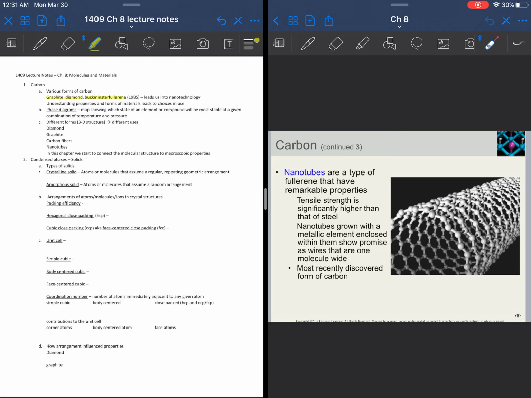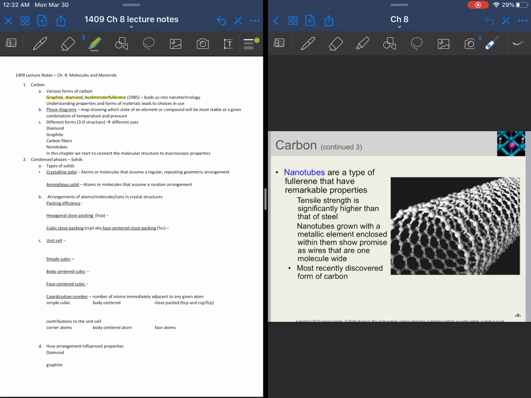Nanotubes are a different beast, and they are repeating units of these six-membered rings of carbon in a tube-like form. They have remarkable properties. They're very strong. The tensile strength is actually higher than that of steel.